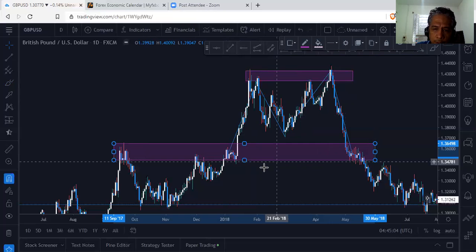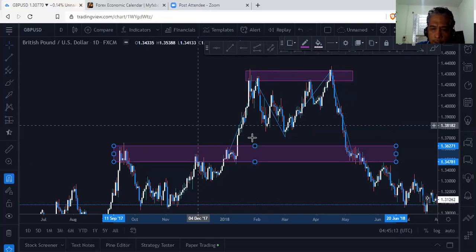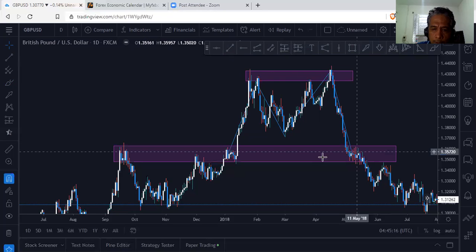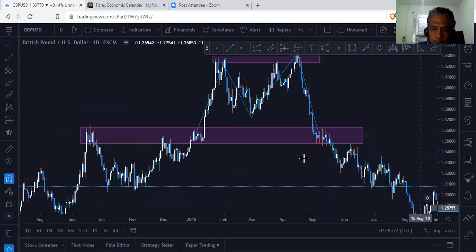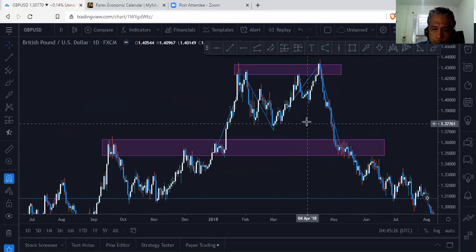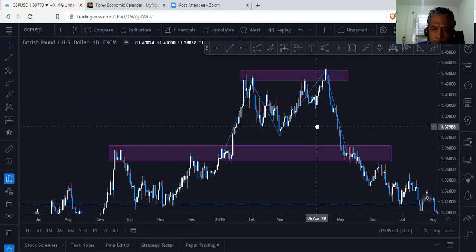You can see it here. This is a zone, a congestion zone from here. So this is a good support area, but it didn't hold, and the market moved all the way down. So we will follow this one, and we will determine how we are going to attack the major trend reversal.